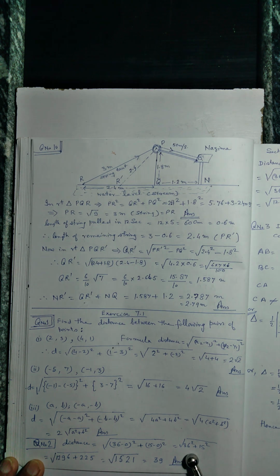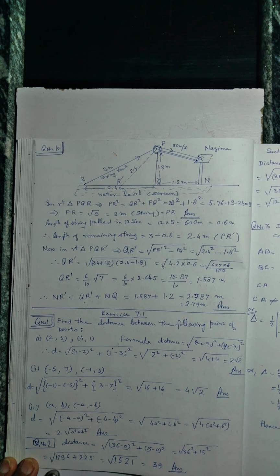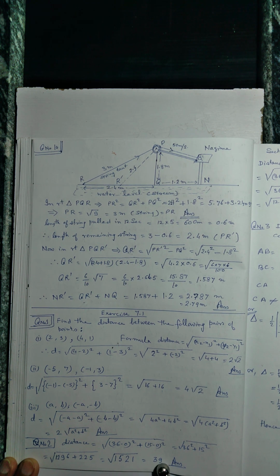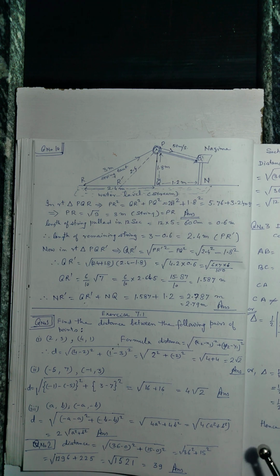You will get the root of 36 square plus 15 square. Again, the square root of 1296 plus 225 will be equal to root of 1521. Taking the square root, that will be equal to 39. And this will be the answer of question number 2.